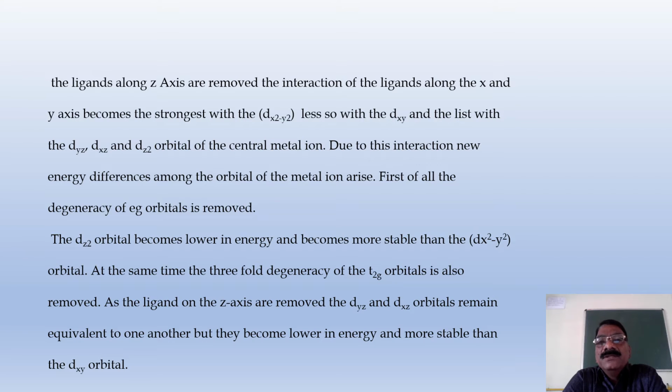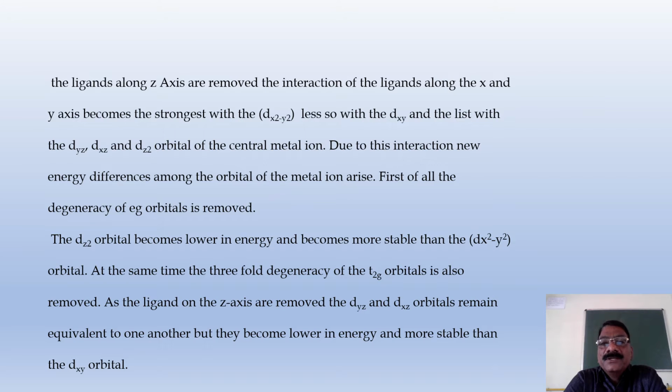The interaction of the ligands along the x and y-axes becomes strongest with the dx square minus y square, less with the dxy, and the least with the dyz, dxz and dz square orbitals of the central metal ion.